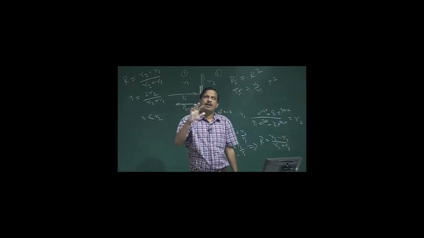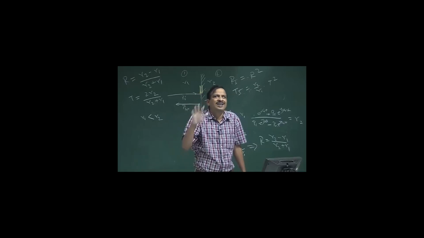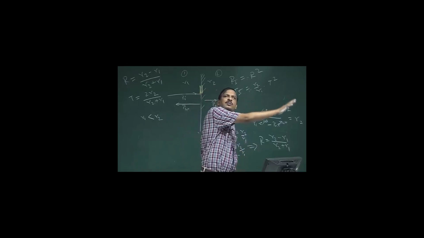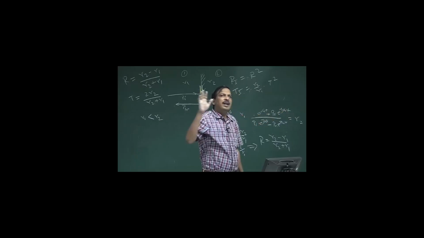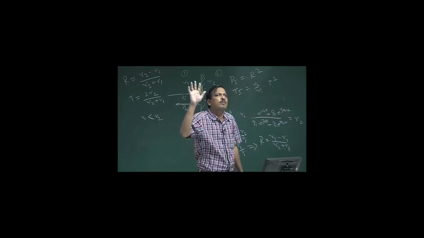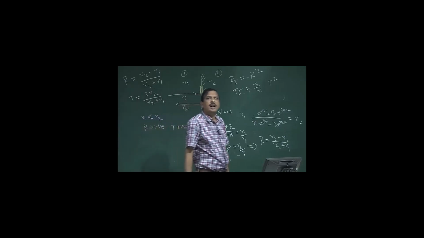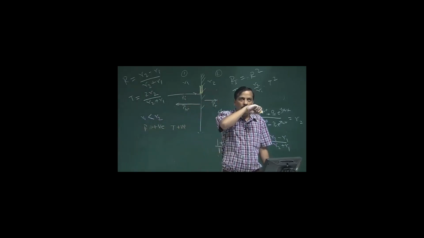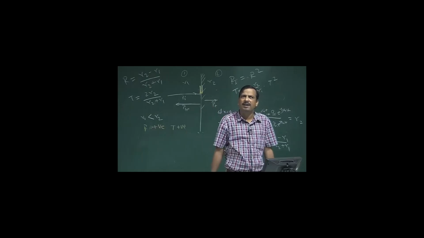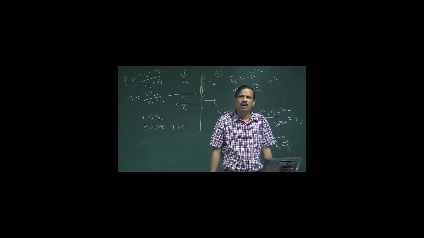Air's characteristic impedance ρ1 C1 is less than the characteristic impedance of the concrete wall. In that case, R will always be positive and T will always be positive. So, I can get the value of R and T if I know the R1 and R2 values.